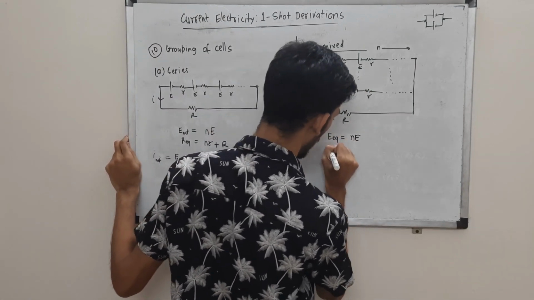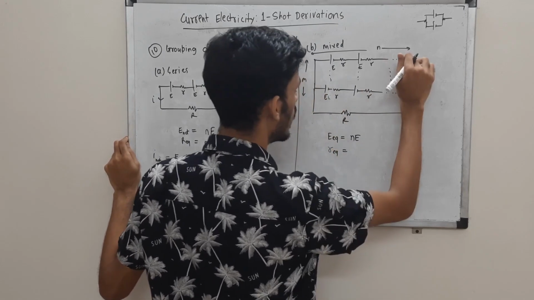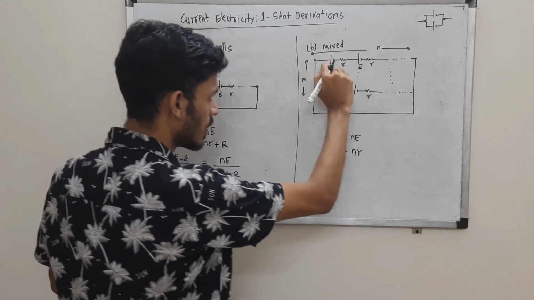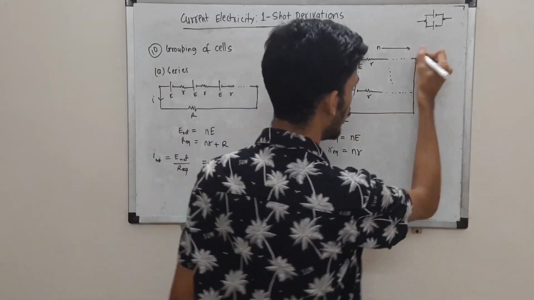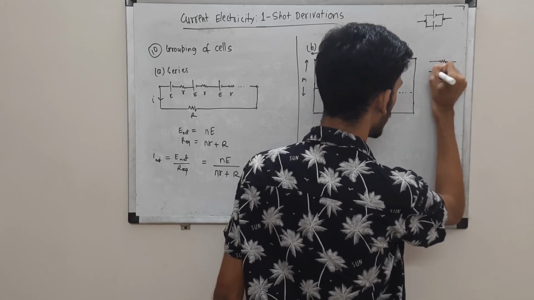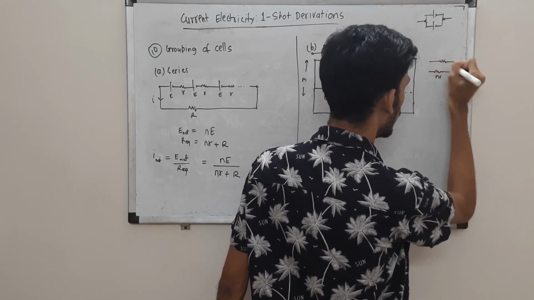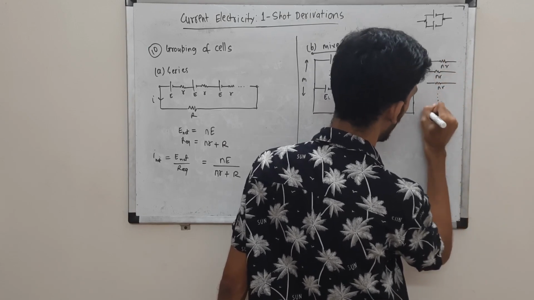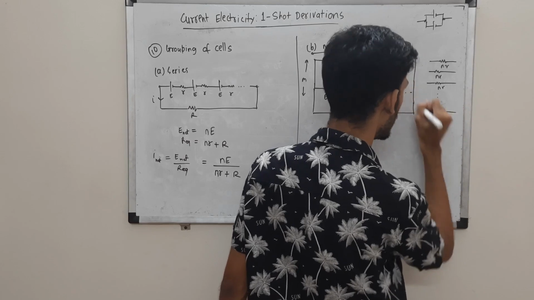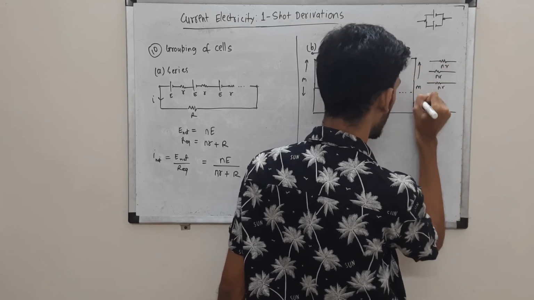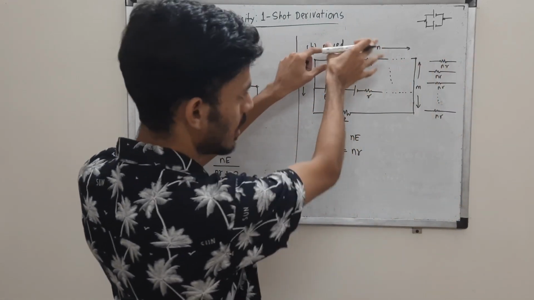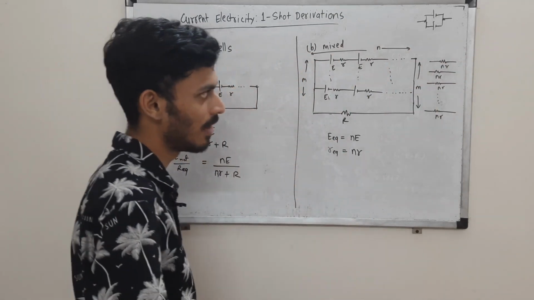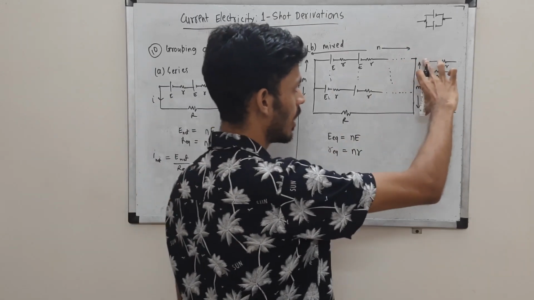Now let us come to equivalent resistance. In one branch, these n resistances are in series, and this nR is there in every branch. So if I had to draw this, it is nR resistances in m branches. If you add all the resistances in one branch, you'll get nR, nR, nR, nR like this in every branch, and there are m branches.